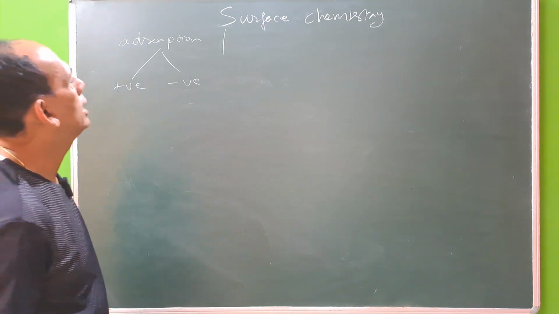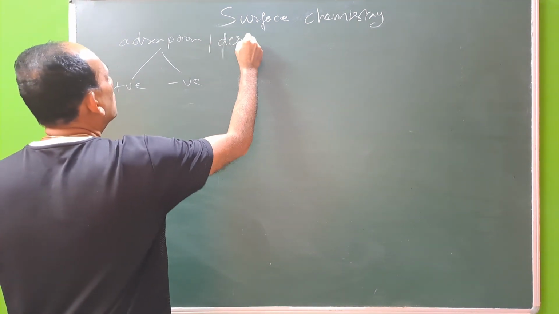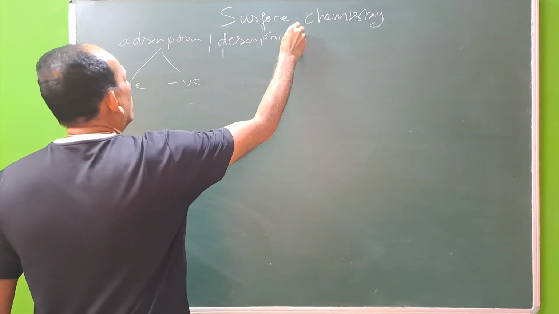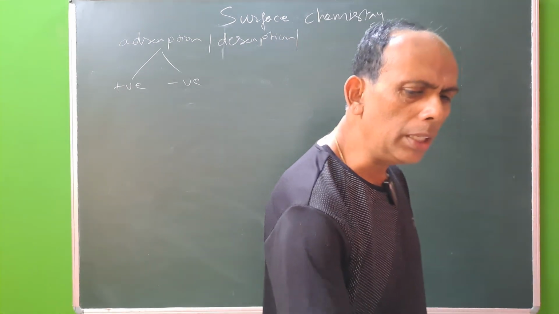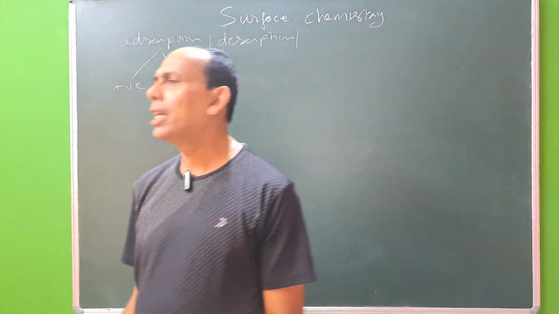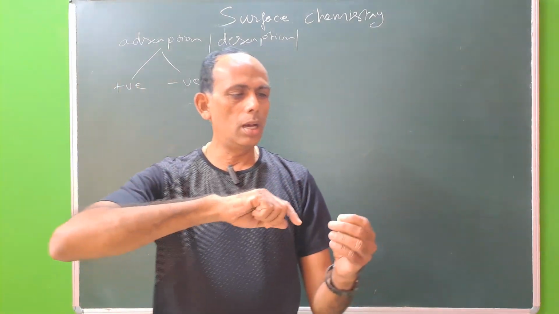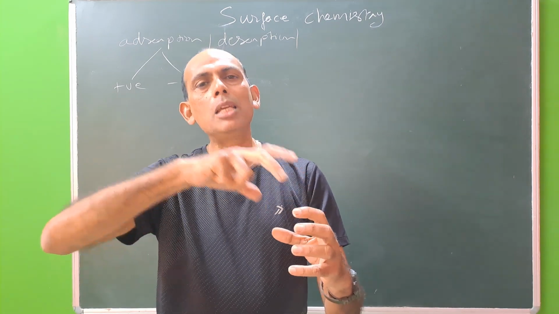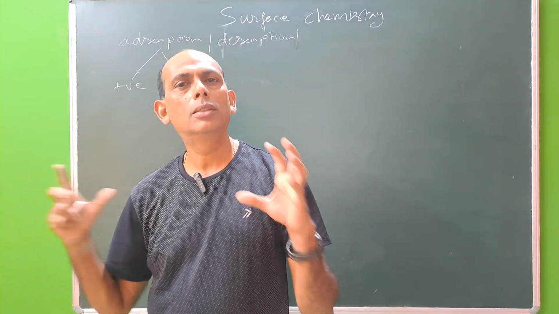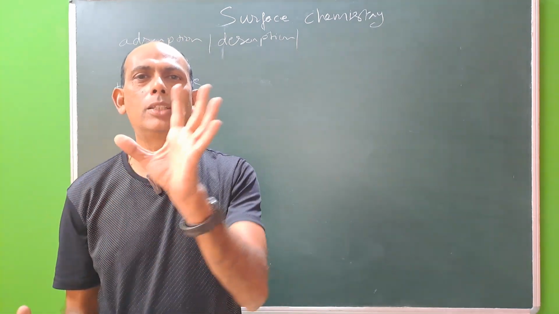Now let's understand there is another word called desorption. And this is exactly opposite to adsorption. Desorption is a process in which the adsorption is reversed, in the sense that the adsorbate is removed from the surface of the adsorbent.